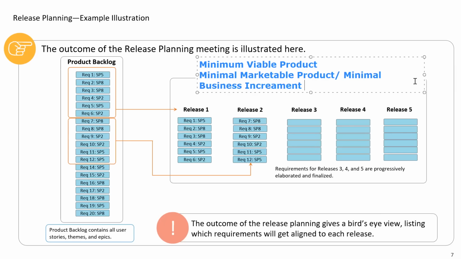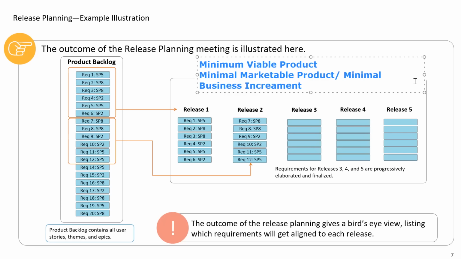Now, what is the difference between a minimal marketable product and a minimum viable product? Just recall products such as the Uber app, or a fintech app such as Paytm or Google Pay.